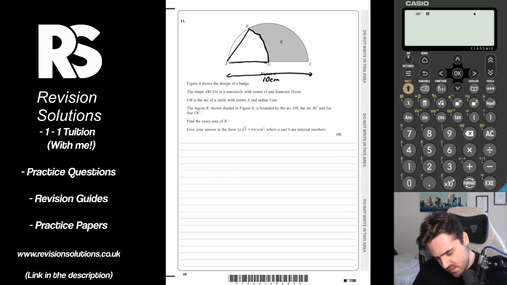So before I get ahead of myself, I'm just going to put in that one side from A to B. So if I put that in from A to B, then we know that this is 5 centimeters and this is 5 centimeters because it's the half of the diameter from A to O. And if the full thing is a semicircle, then if I draw in O to B, that's 5 centimeters also.